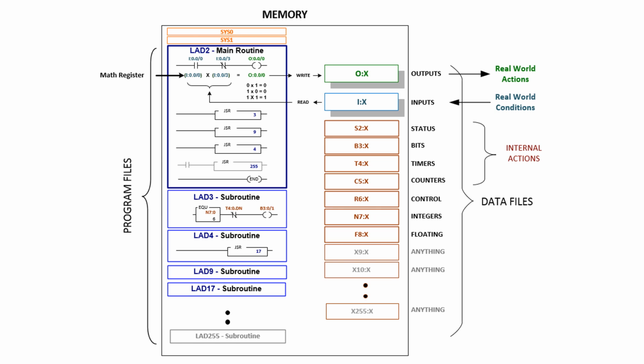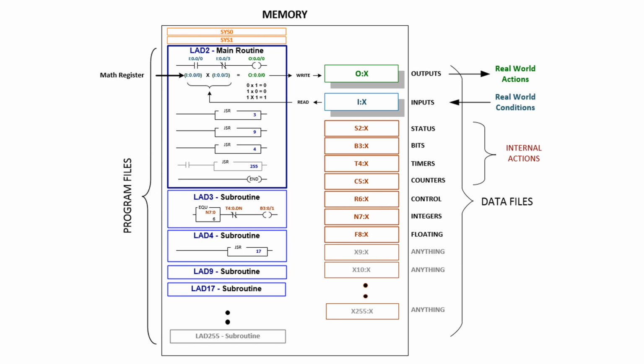You could have ladder 2 and ladder 255 if that flips your switch. So it just gives you the ability to organize your ladder logic, your code, into different subroutines to make it easier to handle. If you look in the main routine, ladder 2, you have JSR instructions that jump to 3, 9, 4, and 255. Now this is RSLogix 500.